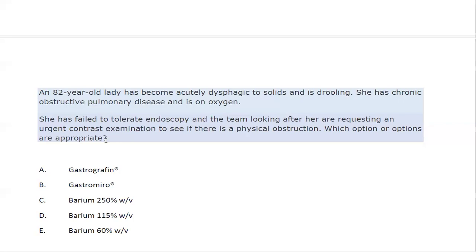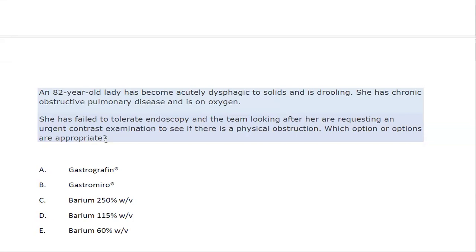What is the indication? What are the contraindications? When will I use this? If you are not memorizing this and practicing like this to extract the information from a clinical scenario, it will be tough in the exam. So you need to prepare yourself, and we are trying to do this throughout our course.